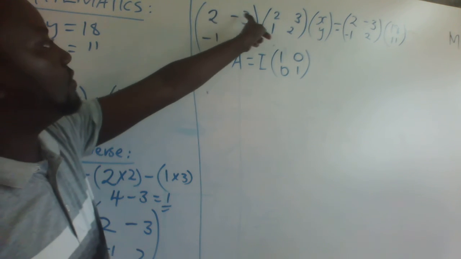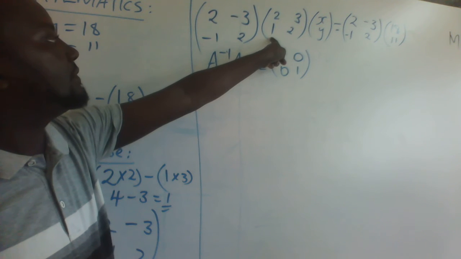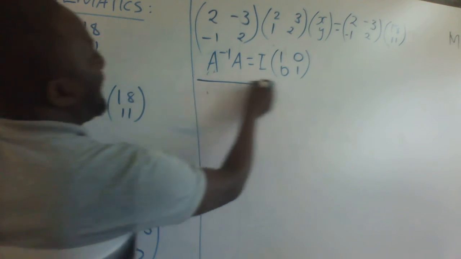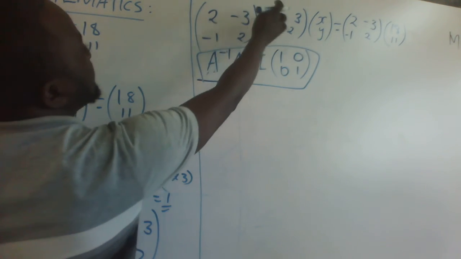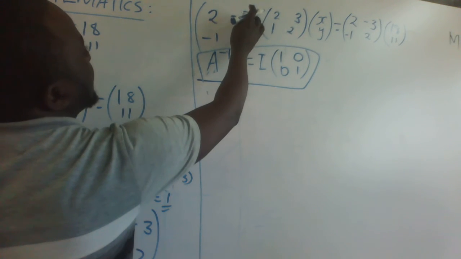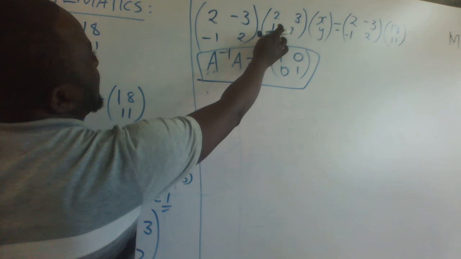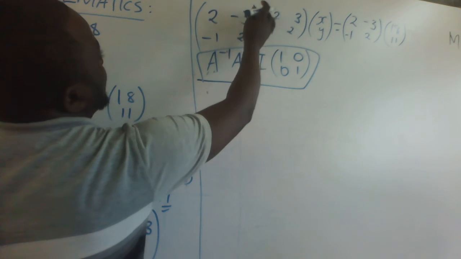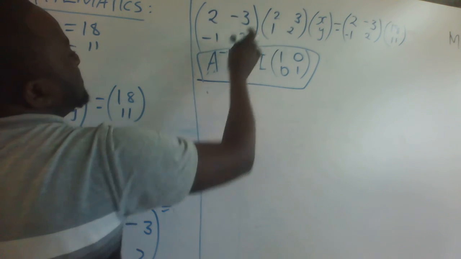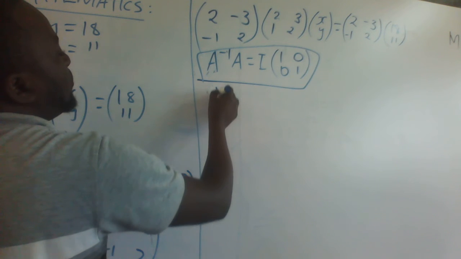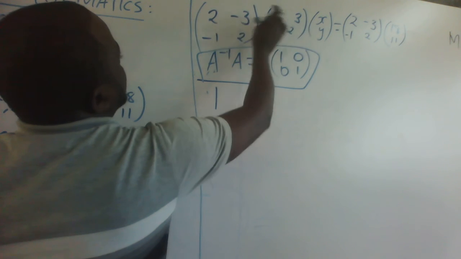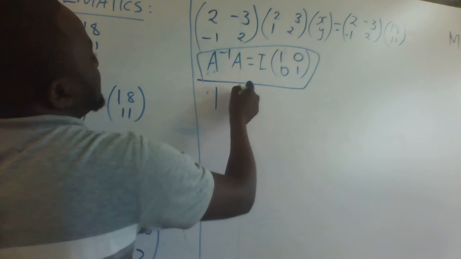We start with the first row times first column. 2 times 2 plus minus 3 times 1 will give us 4 minus 3, which is 1. 2 times 3, 6 minus 6, 0.